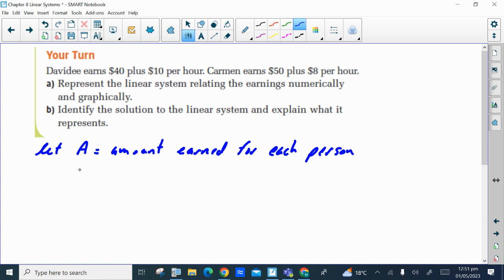And maybe we'll let N equal the number of hours worked. On the last example, the variables were designated for us. In this case, they're not. So that's where we need to start.